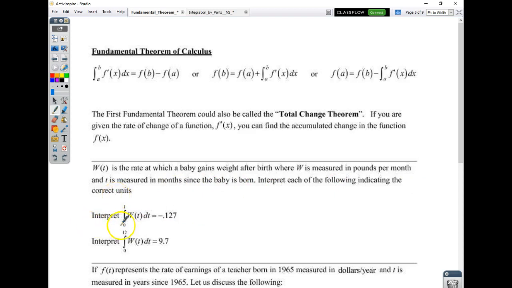If we were to interpret the integral from 0 to 1 of W(t) dt equals negative 0.127, we want to actually incorporate a lot of things.